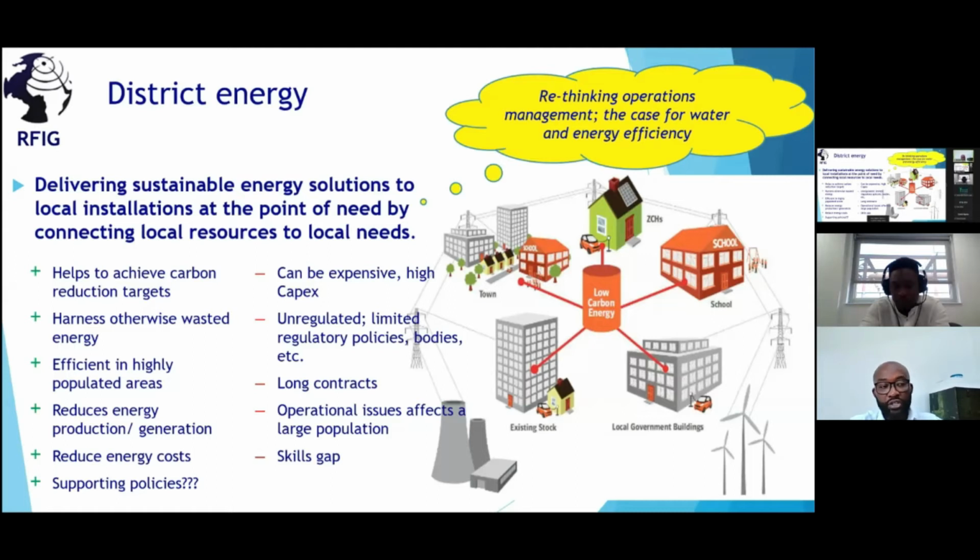The thing with district energy as well is you may buy into a long contract. So again, it plays hand in hand with the expensive capex and looking at it over the whole life cycle, because you'd sign up to an energy provider who utilizes district energy, and due to the centralization of the network, because you want to centralize production and connect it to the point of use, there may be long contracts associated with this.